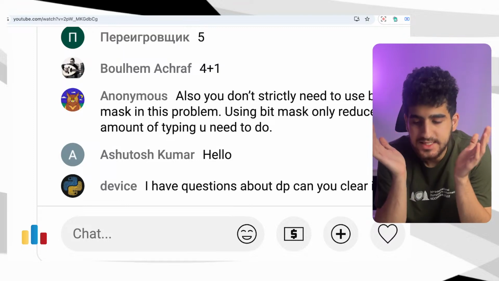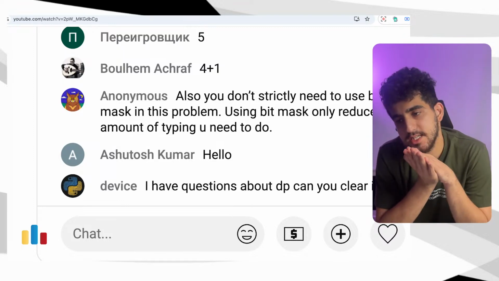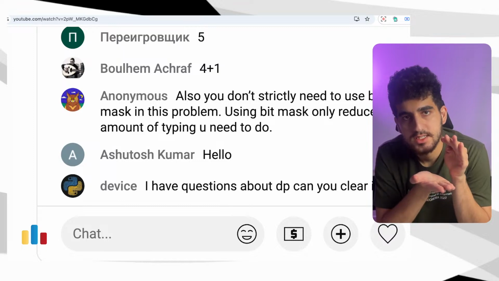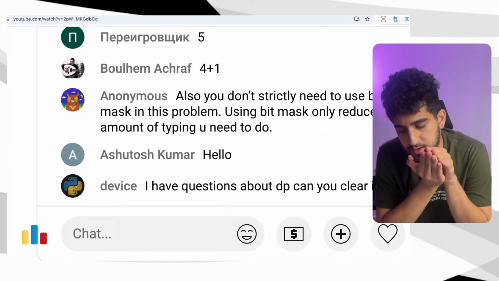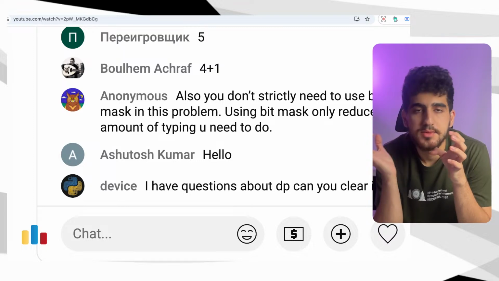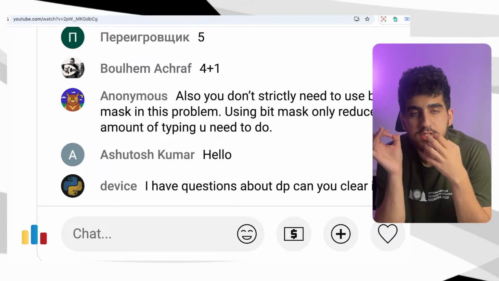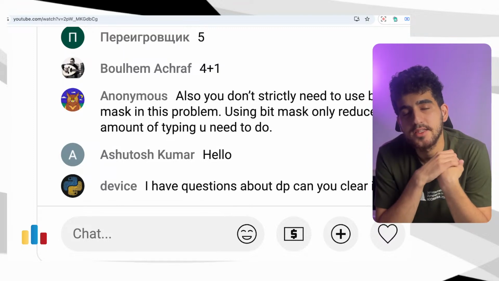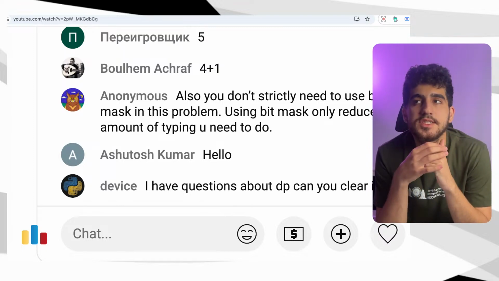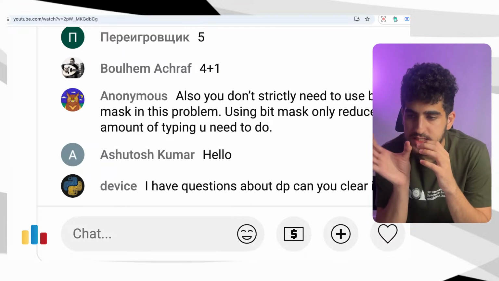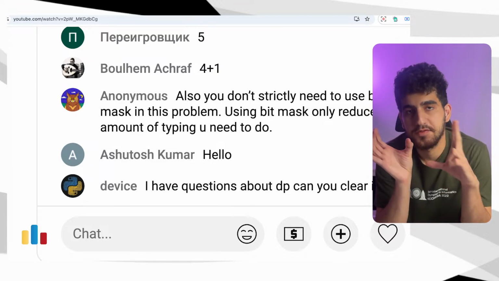So basically, I was saying that we are considering the first I juices, and we are saying that from these I juices, I got these vitamins so far. What was the minimum cost that I had to pay to get these vitamins from the first I juices?